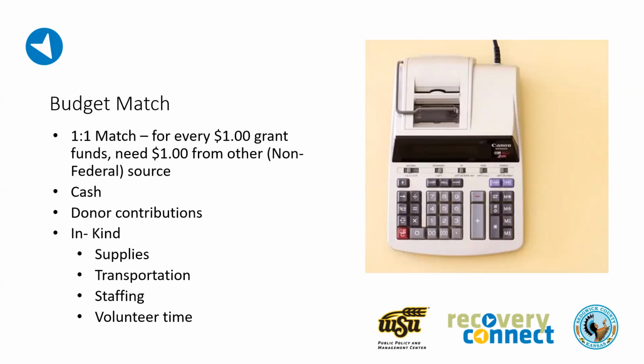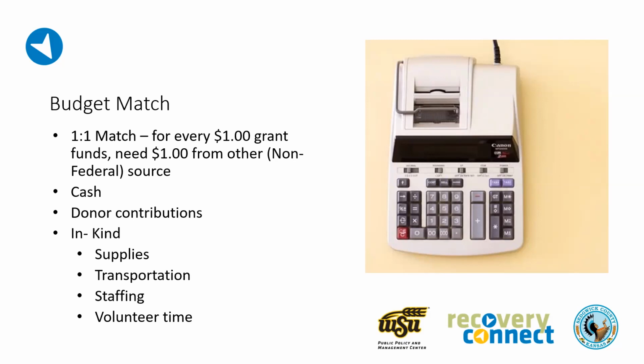When we say the match in the guidelines is a one-to-one match, that means for every $1 in grant funds you request, you need another $1 from a non-federal source. And that depends on the grant you're getting if you're requesting a federal grant. Budget match can be cash on hand or cash contributed by donors.